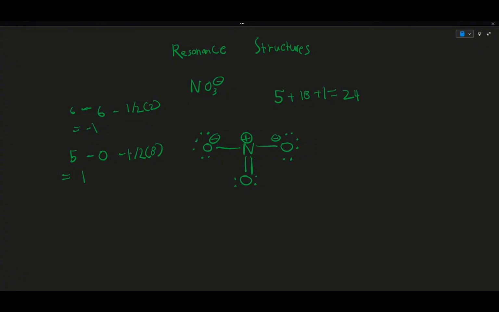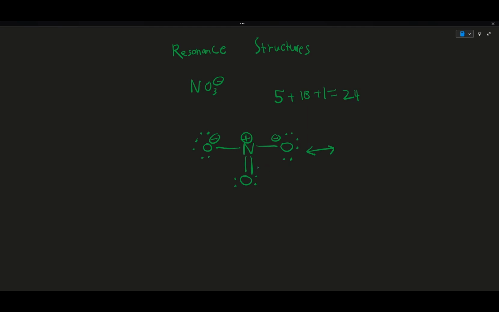Now, let's draw the resonance for this compound, and I'll explain why it is the way it is. So we have this double-sided arrow here represents resonance. And so to show resonance, resonance is just the movement of electrons. So you're not moving the atoms around at all.